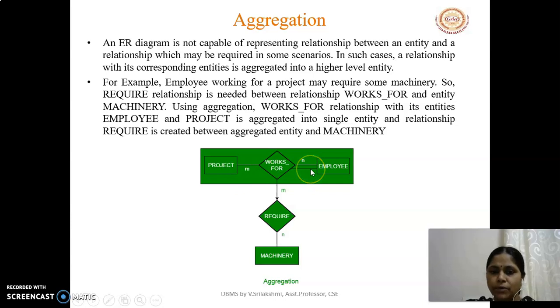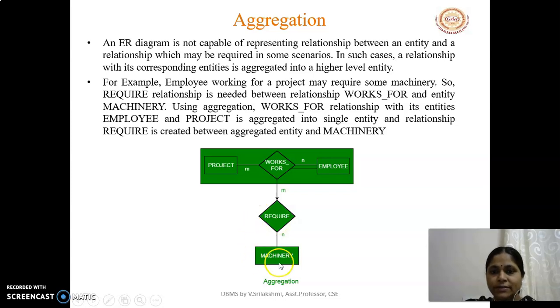Employee works for a project. So here the relationship is required between works for and machinery. The employee working for a project may require some machinery. So a required relationship is needed between the relationship works for and entity machinery, as shown in the example.